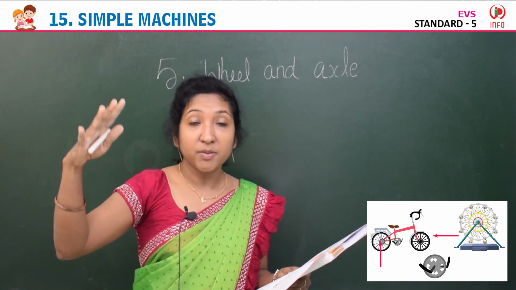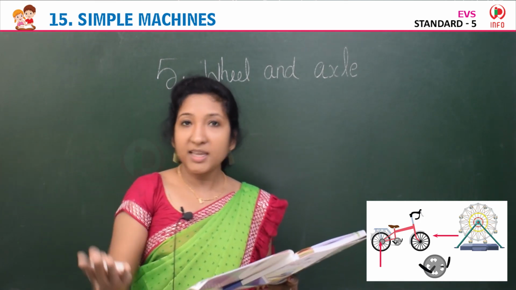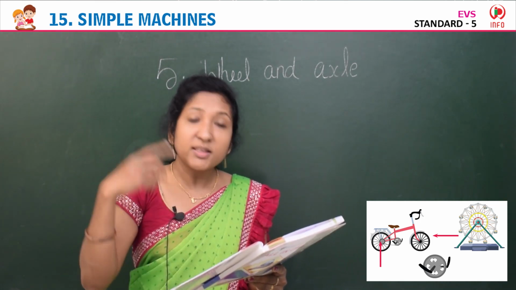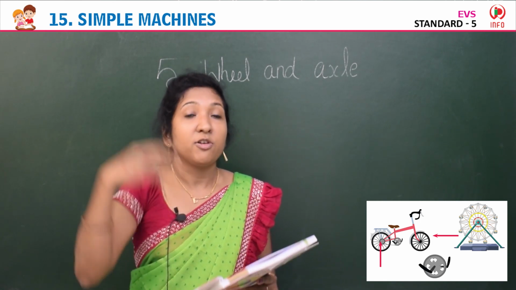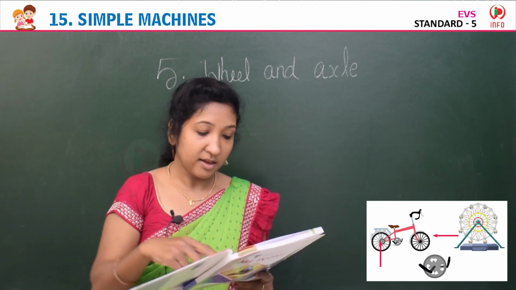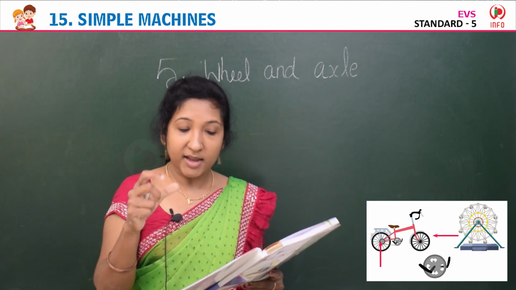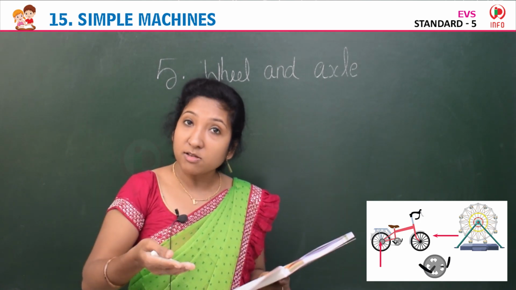It will take time, but with less force we can do our work more easily. Instead of doing something hard for a short time, if we take a long time with less force, then it is easy, right? If you turn a large wheel fixed to an axle, the axle will also turn.